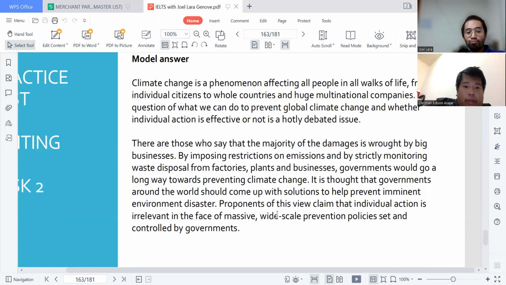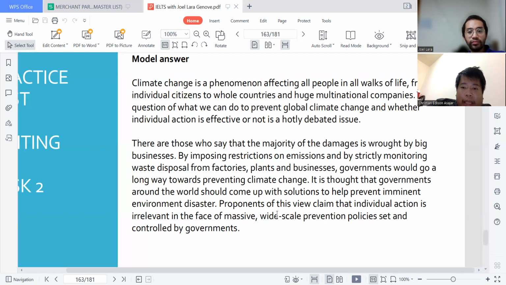There are those who say that the majority of the damage is wrought by big businesses, and that imposing restrictions on emissions and strictly monitoring waste disposal from factories, plants, and businesses would go a long way towards preventing climate change.